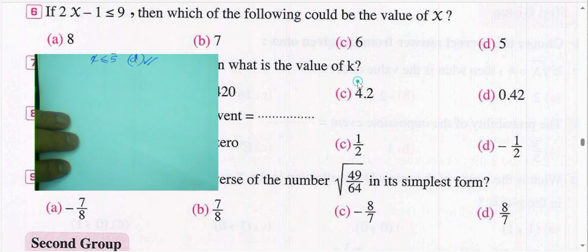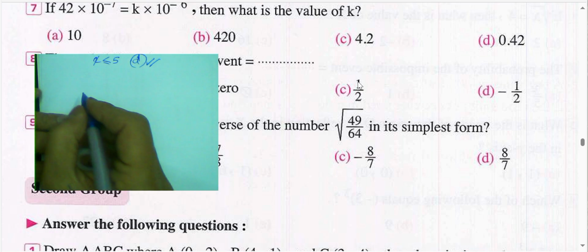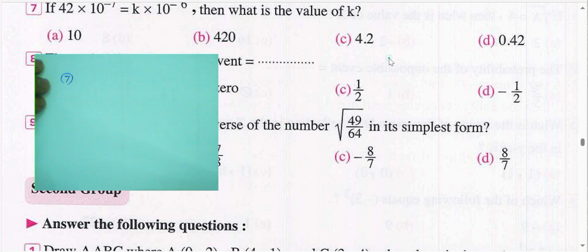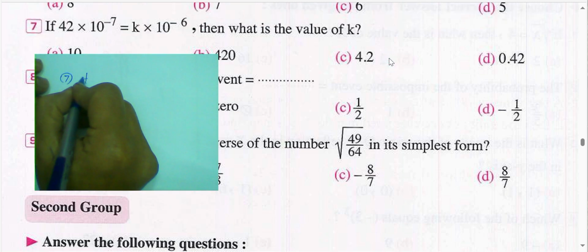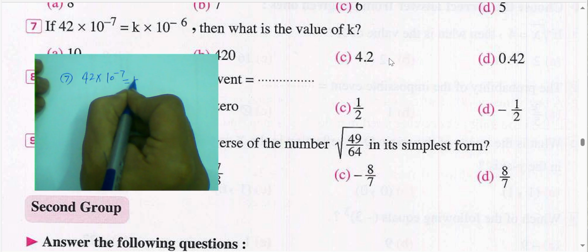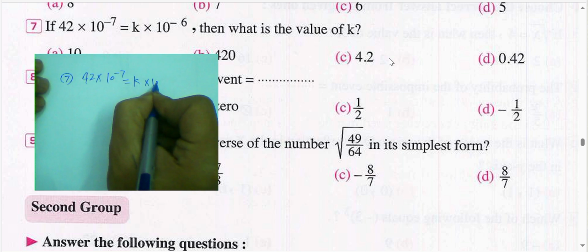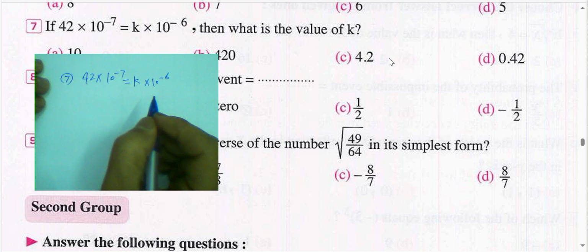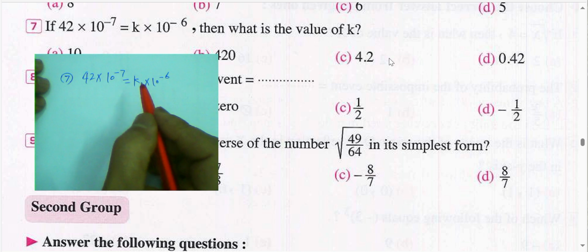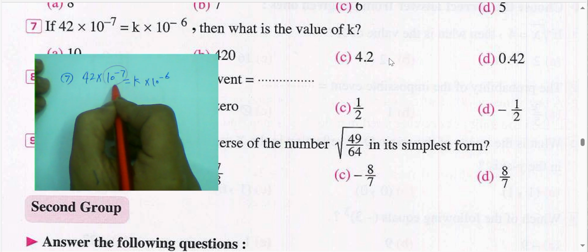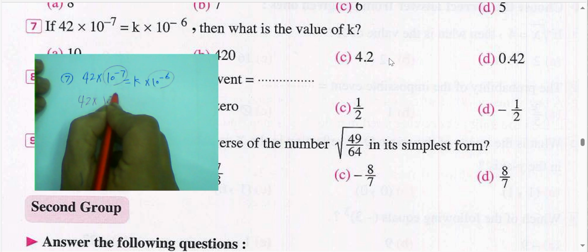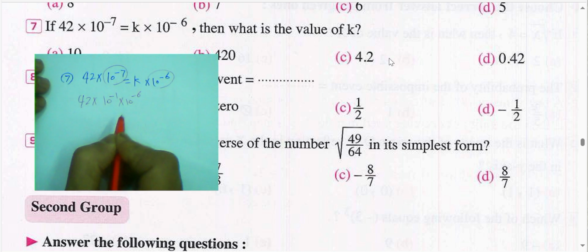Next question, number 7. If 42 times 10 power -7 equals k multiplied by 10 power -6, then what is the value of k? We can find the value of k by two methods. For the first, you can ask yourself: converting -7 to -6, what does it mean? It means 42 times 10 power -1 times 10 power -6.